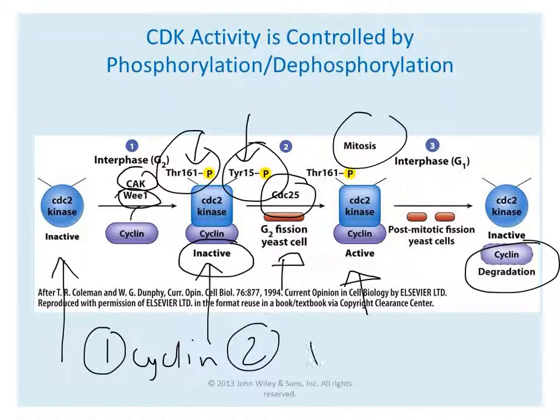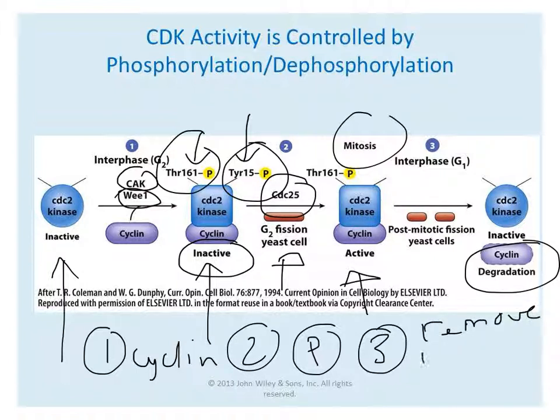Two, we get phosphorylation of both an activating and an inactivating site. And three, for activity of this complex, there has to be removal of the inhibitory phosphorylation on the CDC2 kinase complex.